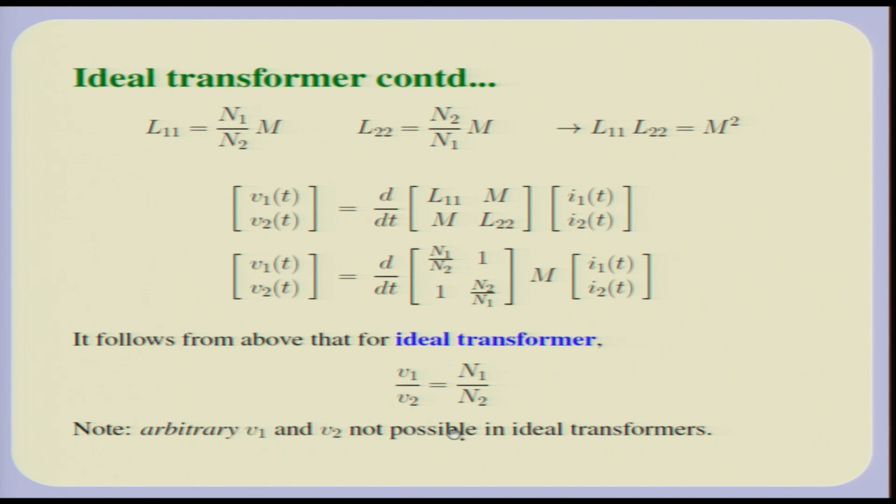Notice that the matrix shown here is in fact singular for an ideal transformer. If you look at the rows, the first row is related to the second row, so you really can't invert this. So, V1 and V2 have to have a certain constraint, and that is N1 by N2. This is of course for an ideal transformer.